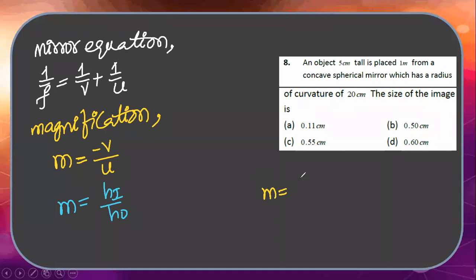m is equal to f by f minus u. This is one shortcut formula to calculate the magnification, if you know the object distance and focal length.